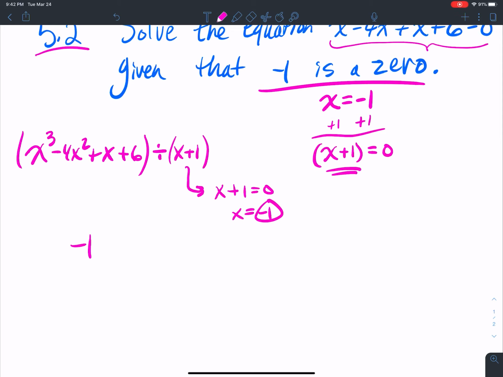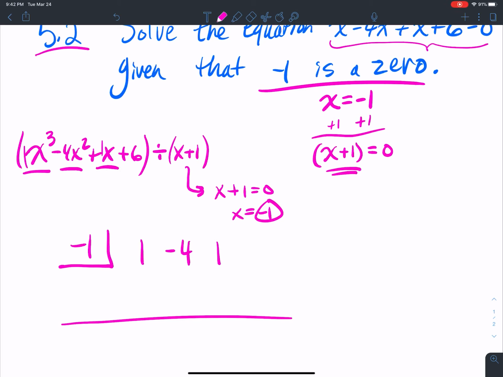So I'm going to take the negative 1 and put it in a box. I'm going to draw a line, and now I'm going to record the coefficients. The first coefficient I see here is a 1, so I'm going to put a 1 here. The next coefficient I see is a negative 4. The next coefficient is another 1, and then the last one is a 6.